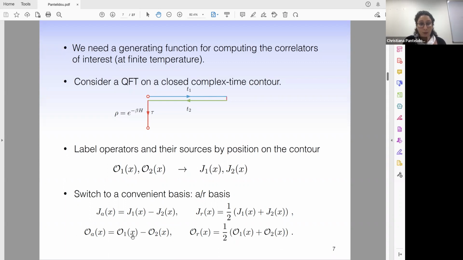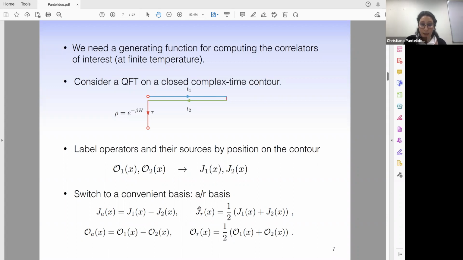And then the corresponding sources, essentially JA is again the difference between the two sources, and JR is the average of the two. Okay, and this is the AR notation that I used earlier. Those indices were referring to these quantities here.